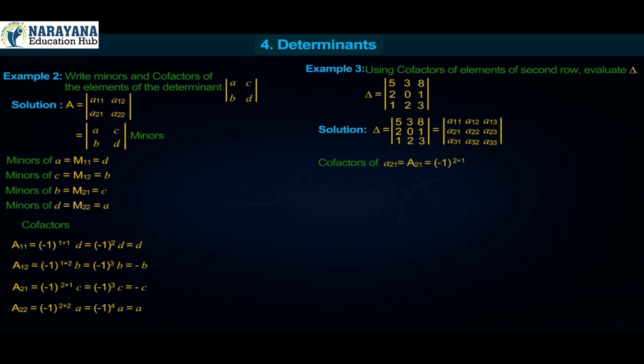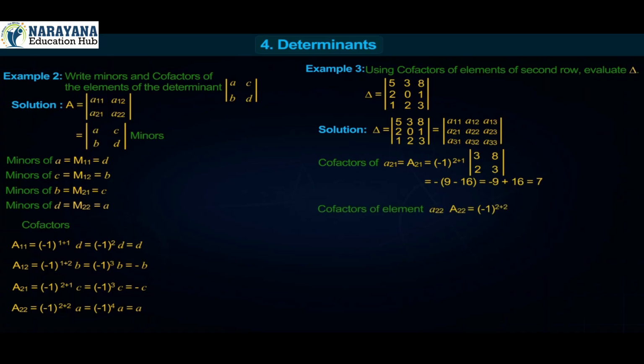Cofactor of A21 is equal to (minus 1) raised to 2 plus 1 into determinant |3, 8; 2, 3|, which is equal to minus 9 minus 16, which is minus 9 plus 16.